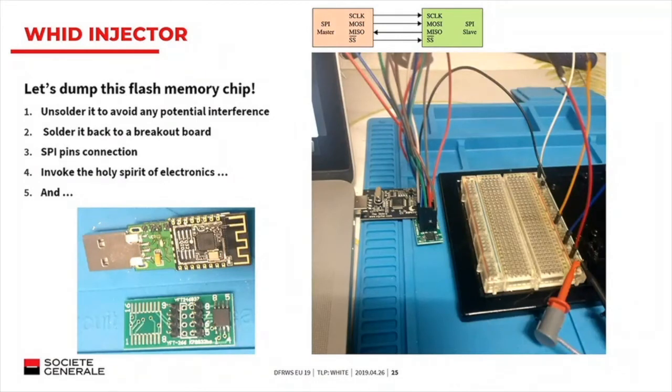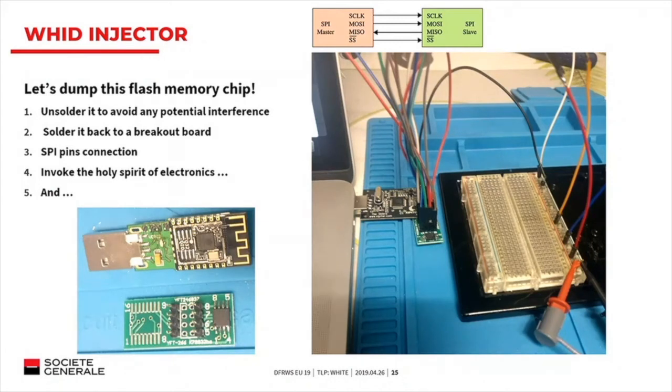The basic process: we unsolder the chip to avoid any potential interference. On this kind of circuit, there is little chance of interference, but if you are dealing with a circuit like routers, you can have problems dumping directly on the PCB.